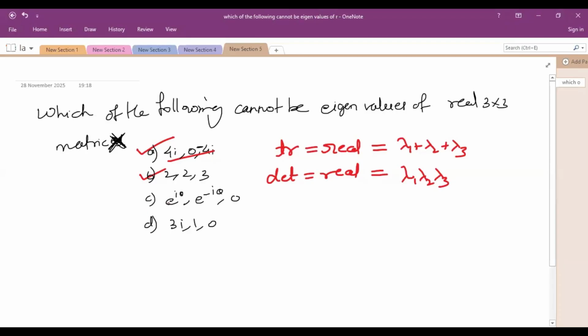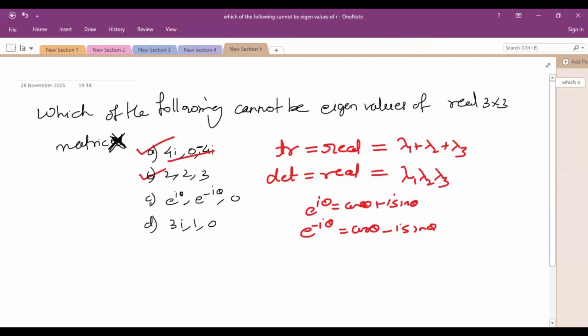Okay. E power iota theta is nothing but Euler's expression. So we have e power iota theta equal to cos theta plus i sin theta, and e power minus iota theta is cos theta minus i sin theta. So the addition would be 0 with 0 as well, and the product will be equal to 1.